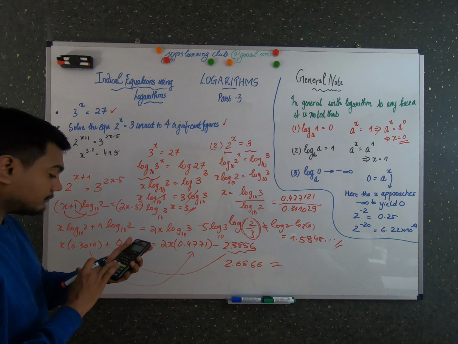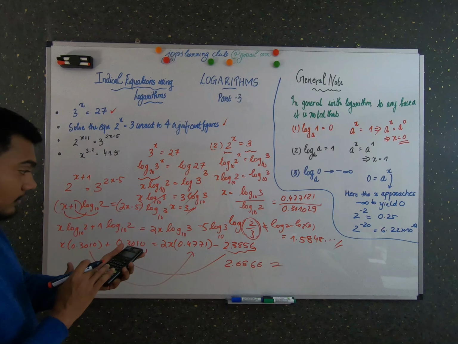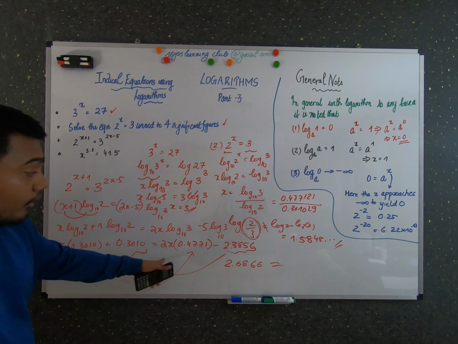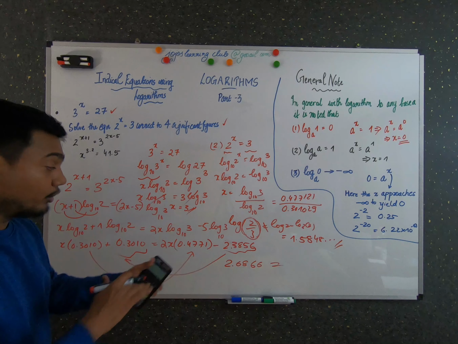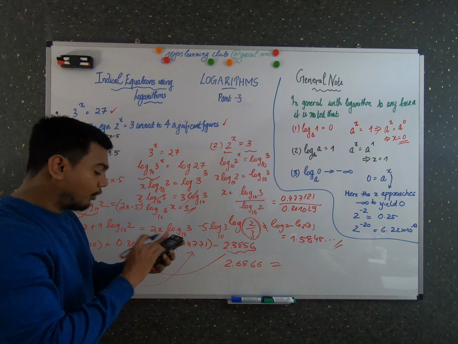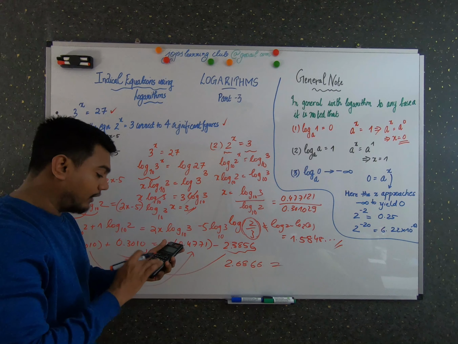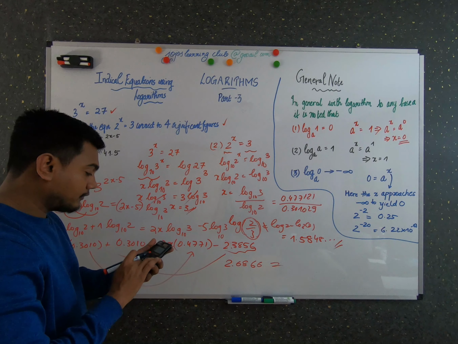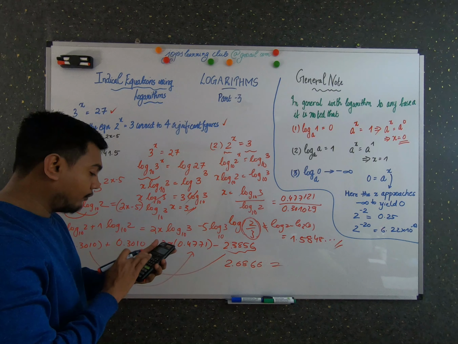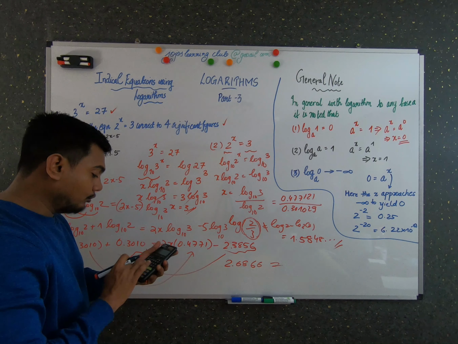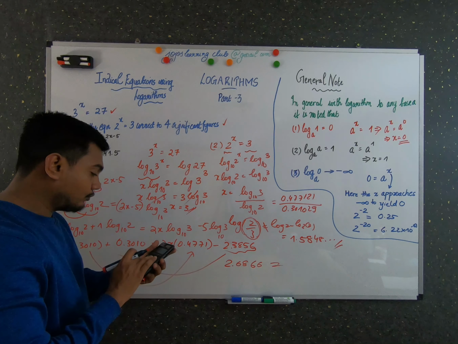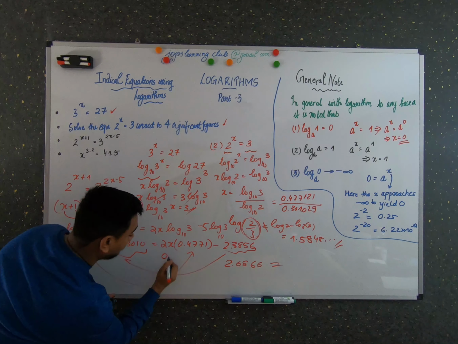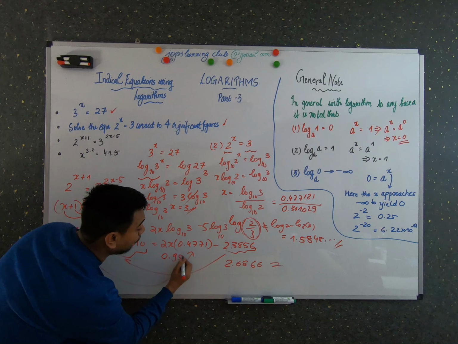Again, I can also substitute this 2 over here, and so it will become only in terms of x. What is 0.4771 into 2? It is 0.9542.